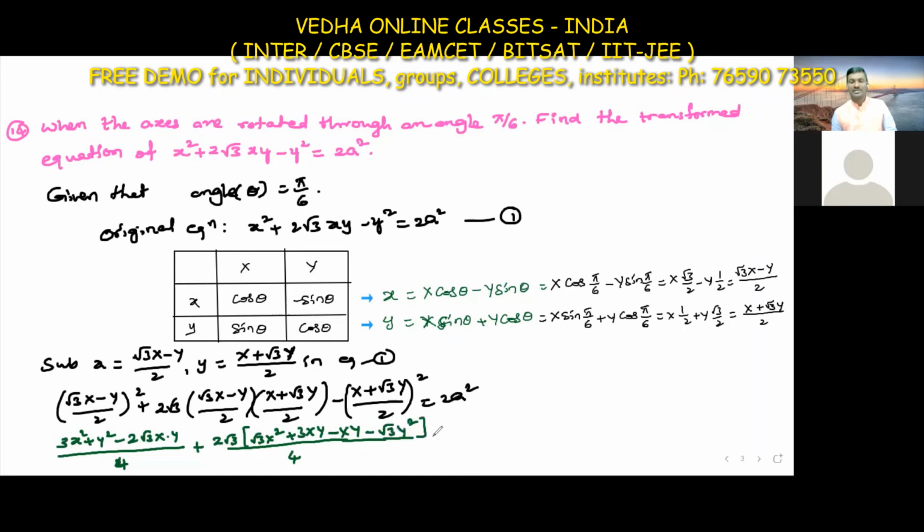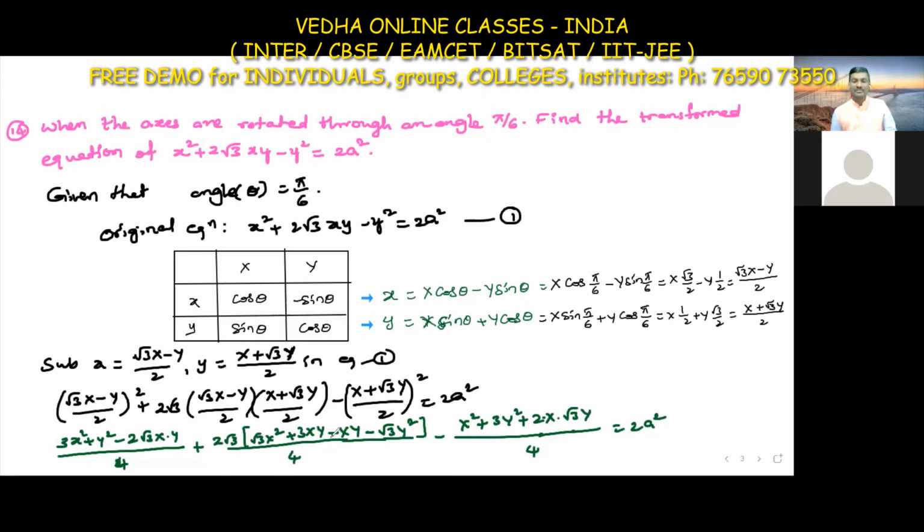Minus of, this square is also applicable in the numerator and denominator. A plus b whole square, that is a square, and b square, root 3Y whole square, that is 3Y square, plus 2ab, 2 into X into Y, so that means root 3 Y, and whole divided by 2 square, that is 4, is equal to 2a square.